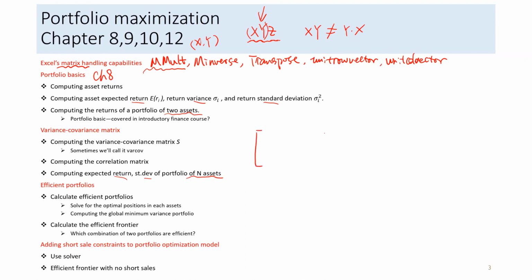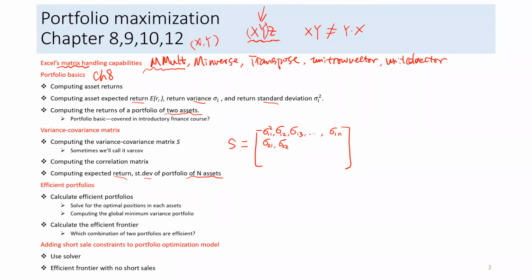So we're going to have a matrix, we call it matrix S, equal to the variance of 1, 1, the covariance between 1 and 2, the covariance between 1 and 3, and all the way to the covariance between 1 and n. And the next row is the covariance between 2 and 1. Here is the covariance between 2, 2.